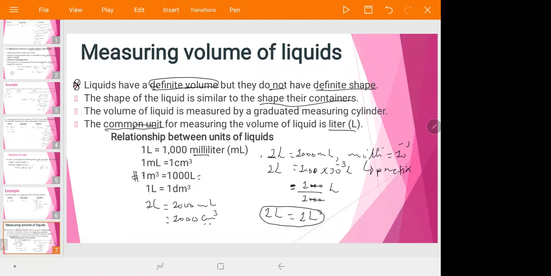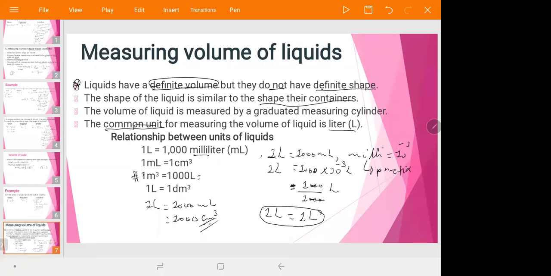The relationship between liter and the decimeter is 1 liter is equal to 1 decimeter cube. When you change 1 decimeter cube into centimeter cube, 1 decimeter cube is equal to 1000 centimeter cube. So 1 liter is again equal to 1000 centimeter cube.